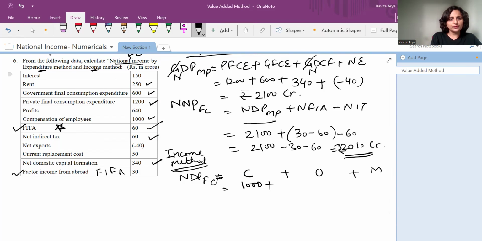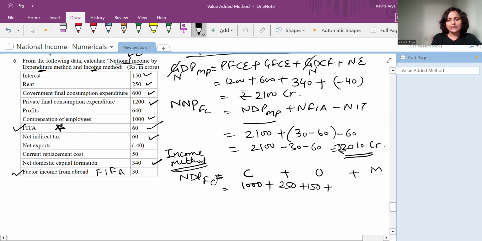Rent is 250, interest is 150, so this is 250 plus 150. Royalty is not given and profits are given to be 640. So this is 640 plus mixed income. And if it is not given, never mind. It's just a zero component here for this question.